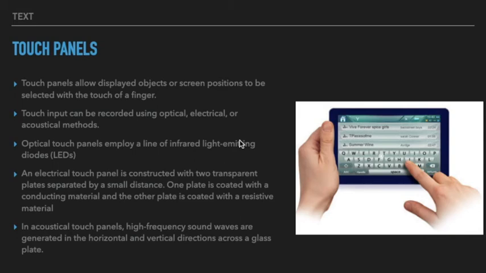Okay, the optical touch panel employs a line of infrared light emitting diodes or LEDs along one vertical edge and also along one horizontal edge of the frame, and opposite to these LEDs, there will be light detectors on the other edge of the horizontal and vertical sides.